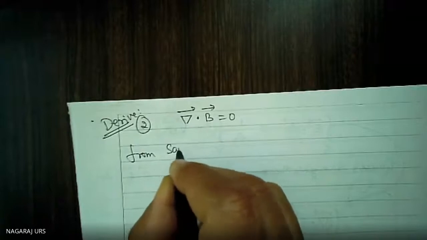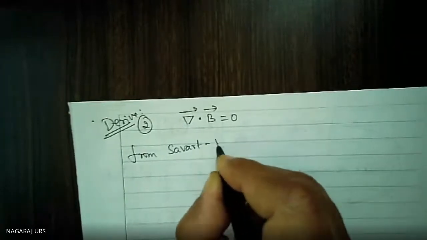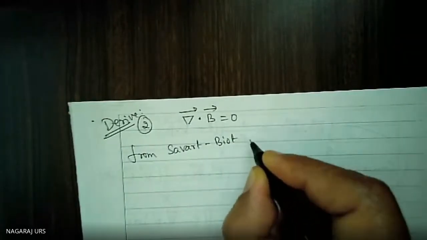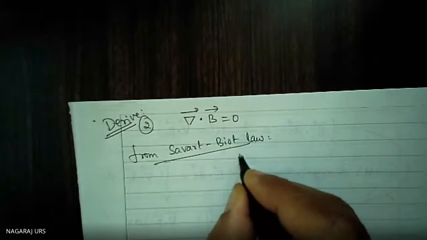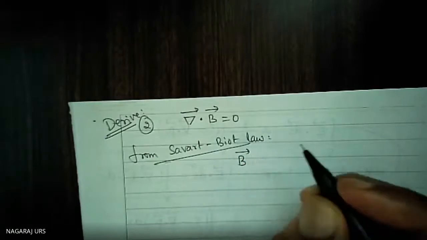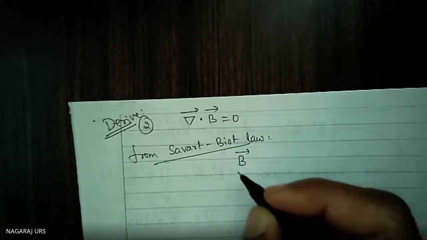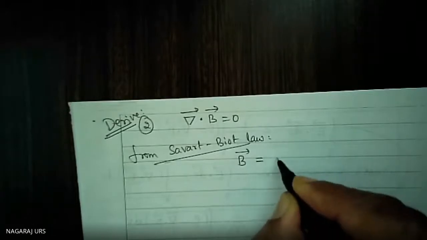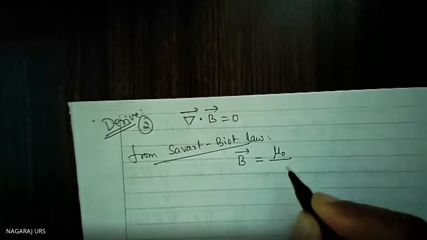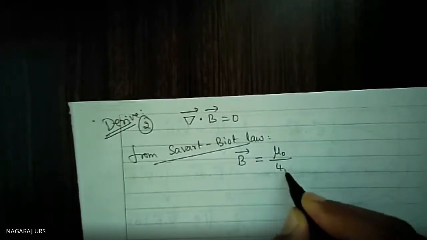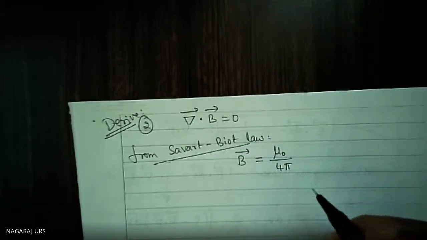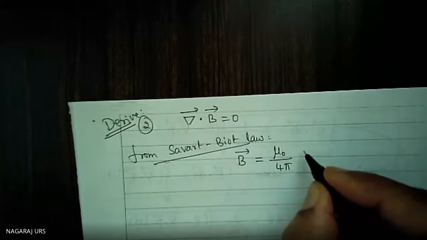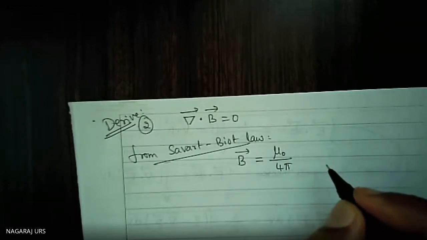From Biot-Savart law, the magnetic field produced due to a current carrying conductor is given by mu naught divided by 4 pi, I dl sin theta divided by r square. It is there in second PUC.